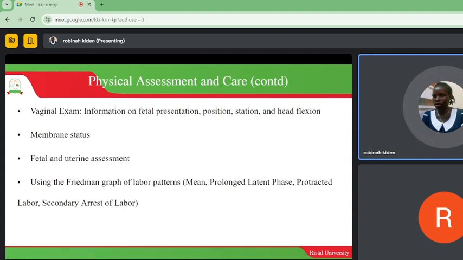Then fetal and uterine assessment. This can also be done during this time using the Friedman graph of labor patterns. This will include the prolonged latent phase, protracted labor, and secondary arrest of labor. All this will be included in that graph, which is known as the partograph.